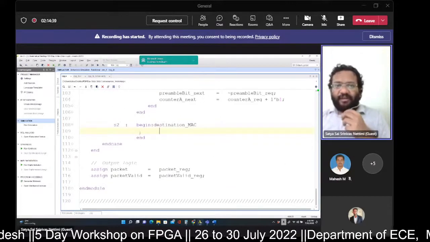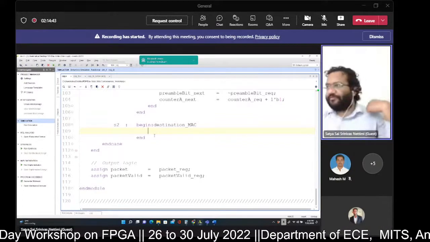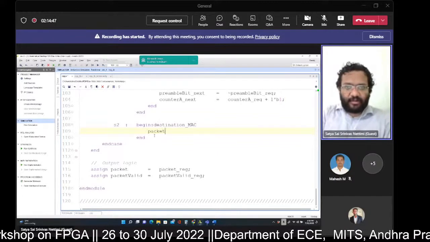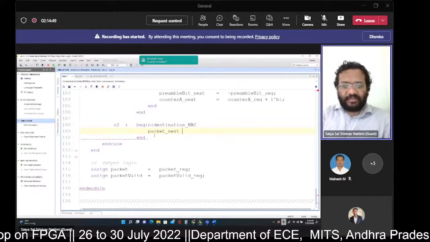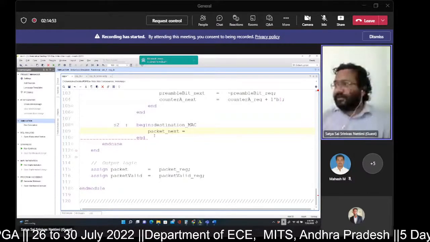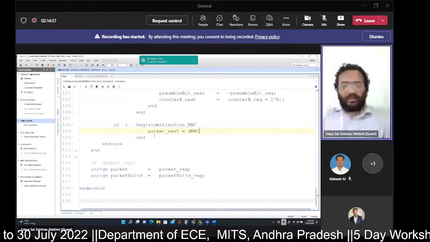After entering the S2 state, packet next is nothing but our destination MAC input, DMAC.